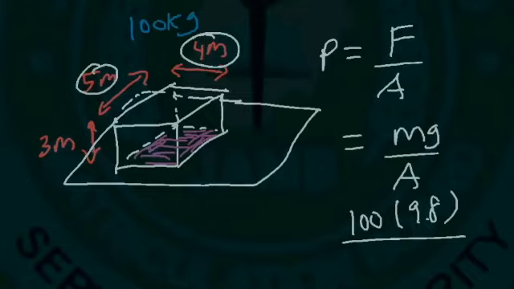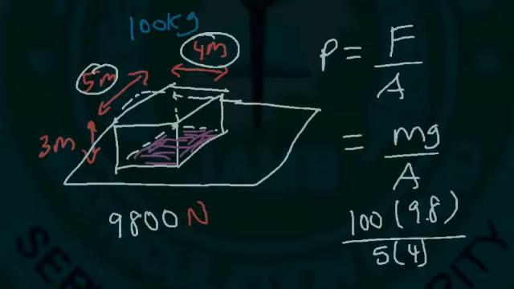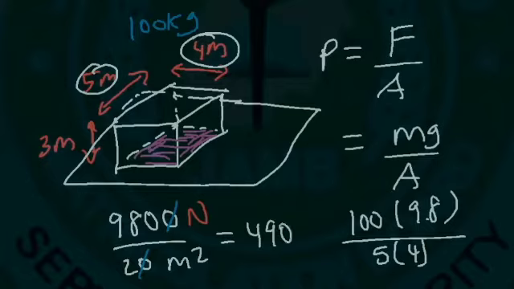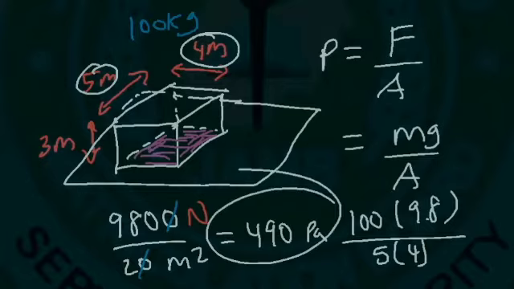We don't need the height, so it's 5 times 4. So the weight force is 100 times 9.8, which is 9,800 newtons, applied over an area of 20 square meters. So 980 divided by 2 is 490. So the pressure is 490 pascals.